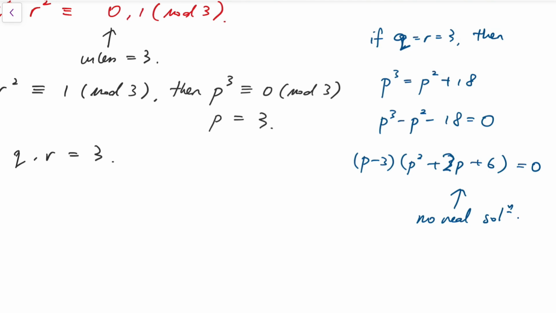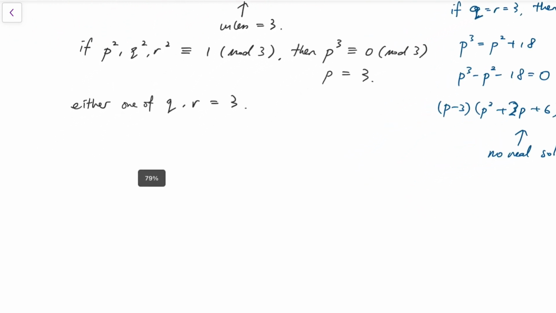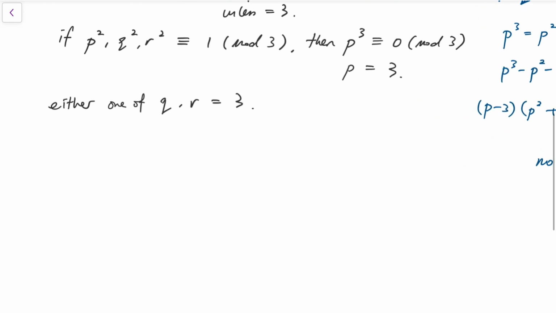But again, it overlaps with our previous cases. So we can just go back to either one of q and r equal to 3, and by symmetry, we can just assume that q equals 3. So therefore, p cubed equals p squared plus 9 plus r squared. Or we can write like this.